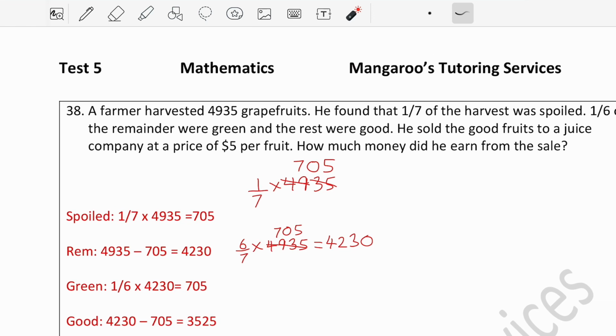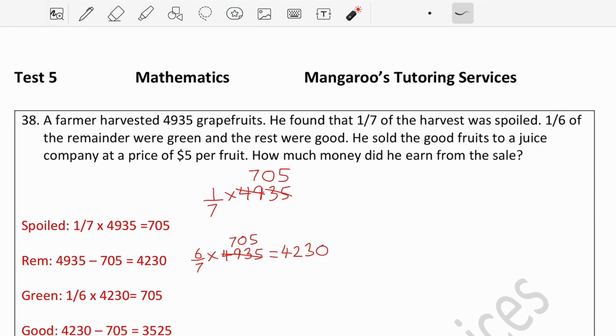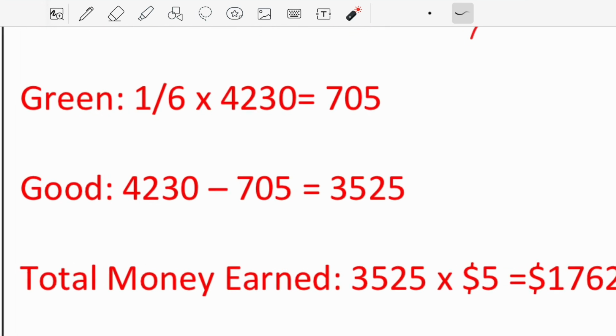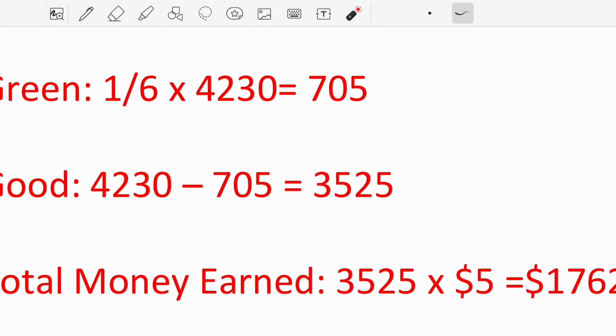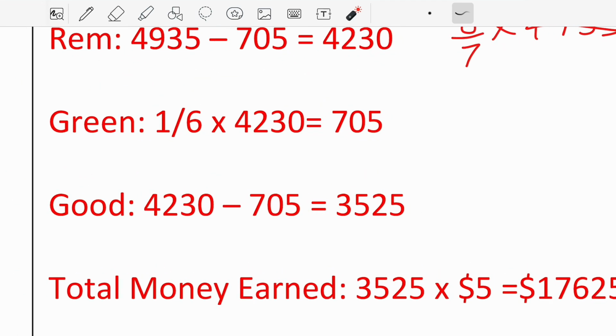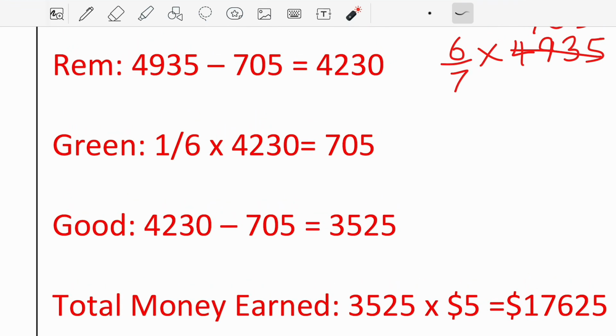Okay, so what they told us, 1/6 of the remainder were green and the rest were good. So all we simply do was take away the green ones.